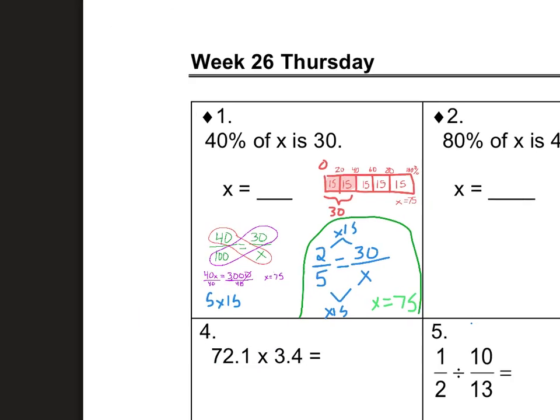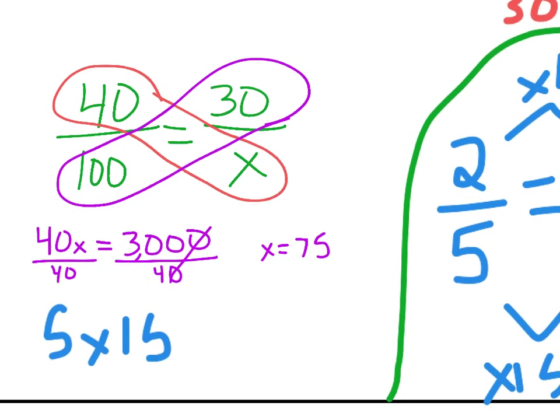And then lastly, the cross multiplication. So 40% represents 40 out of 100, and I say that that's the same as 30 over the whole that I don't know, because I know 30 is the part. And then I cross multiply diagonally, and I write 40x equals 30 times 100 is 3,000.